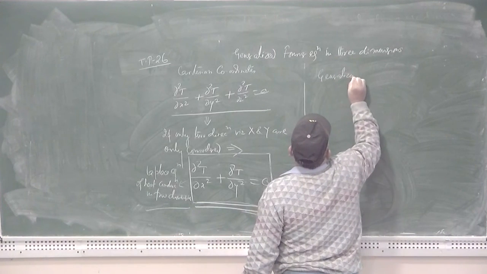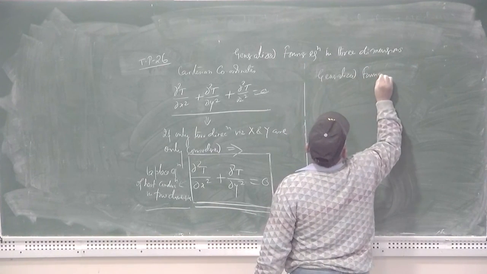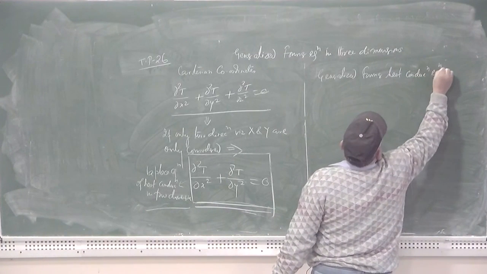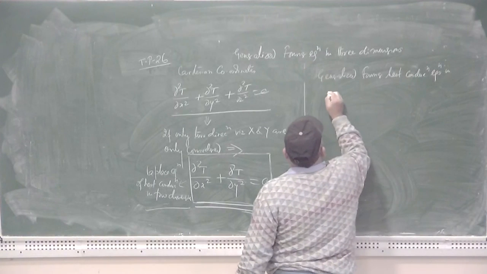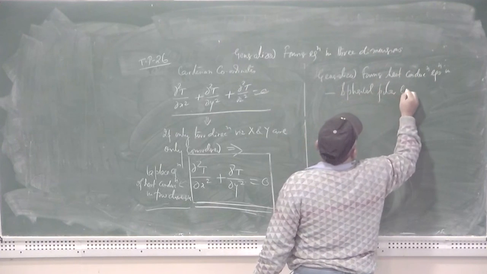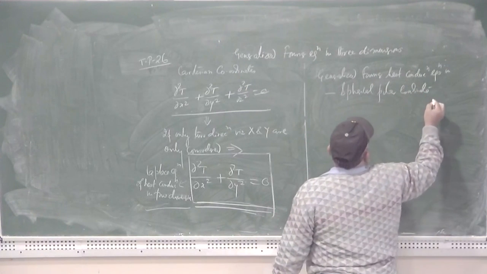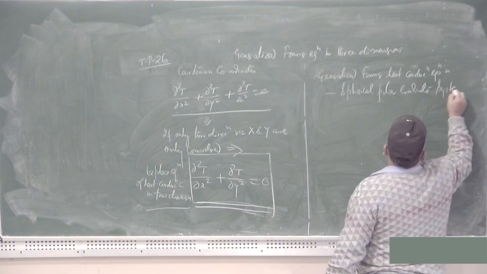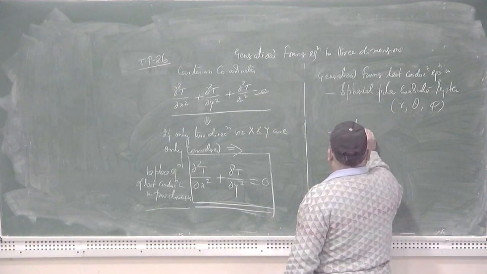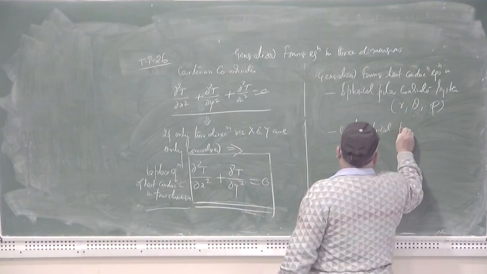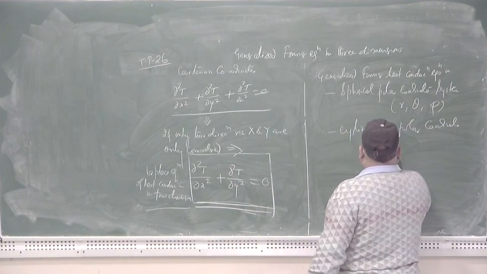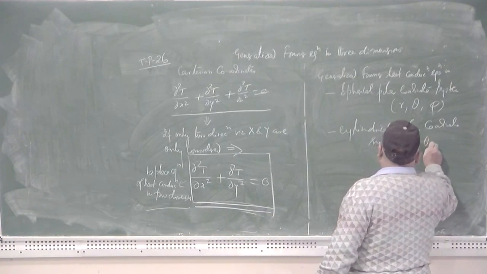Generalized Fourier heat conduction equation in spherical polar coordinate system, that is r, theta, phi, and the cylindrical polar coordinate system, that is abbreviated as r, theta, z.